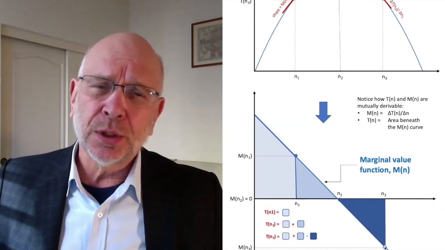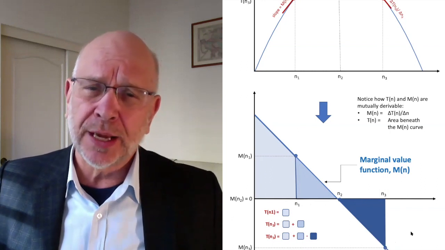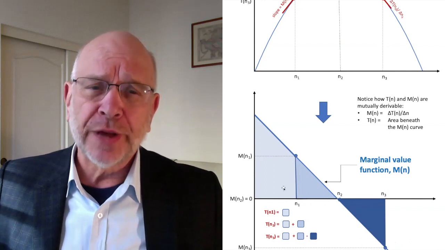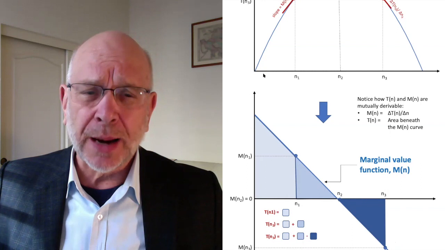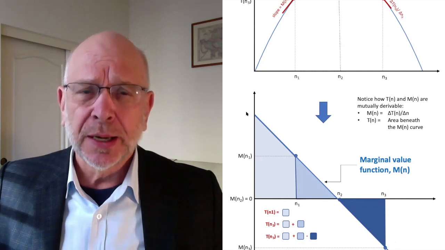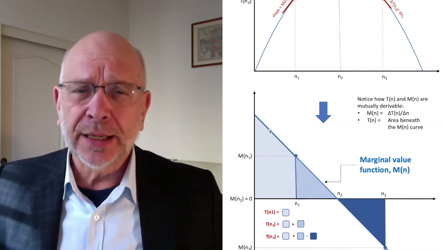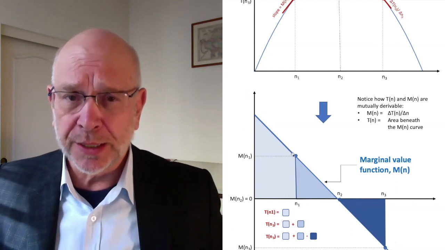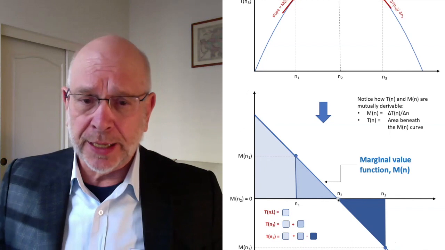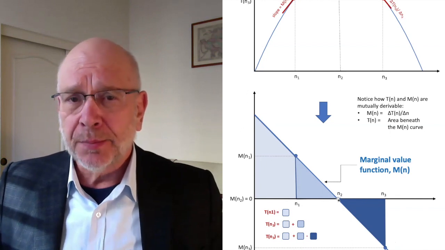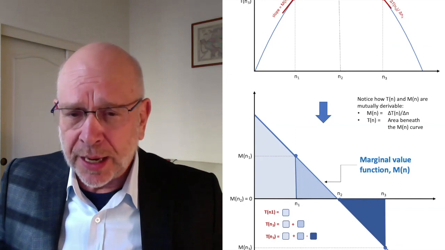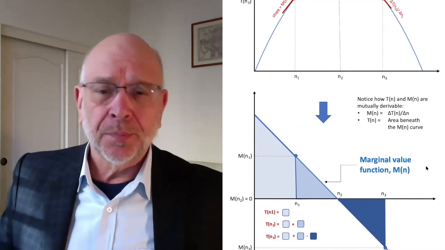And you can convince yourselves, I think, that this marginal value function will start off at a high positive value, as it does here, and steadily decrease. It's positive, positive, positive, but it's decreasing, finally reaches 0 here at n2, and then becomes increasingly negative as we move beyond n2, beyond n3.